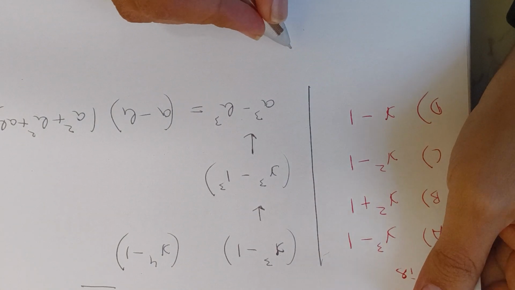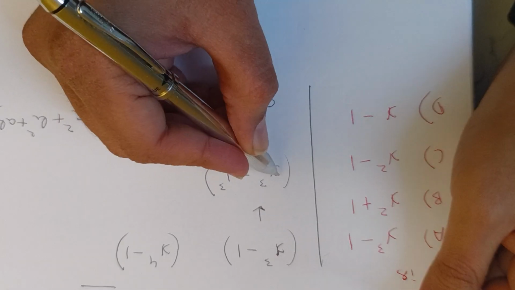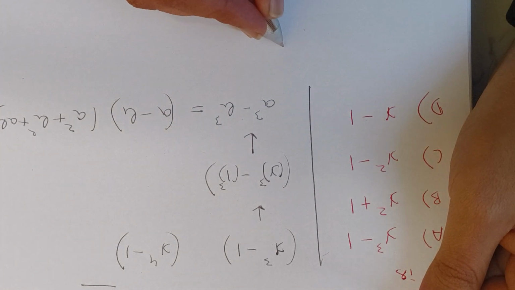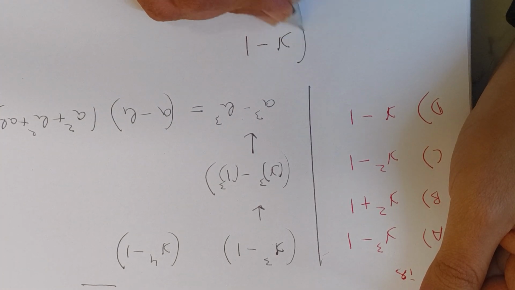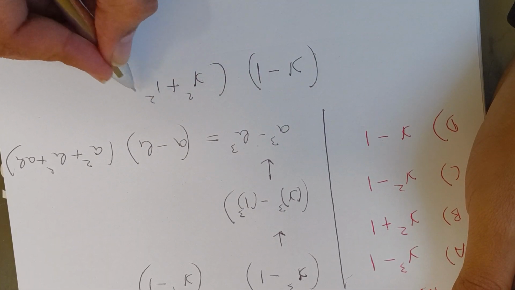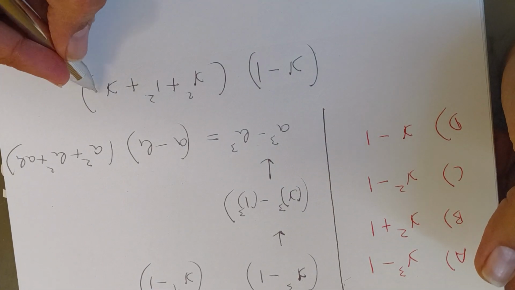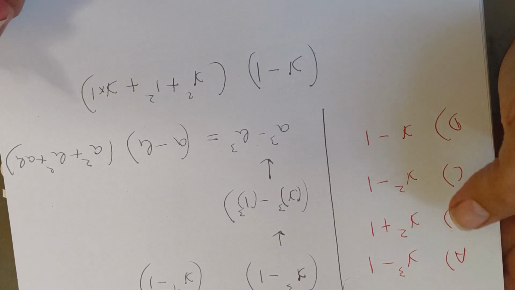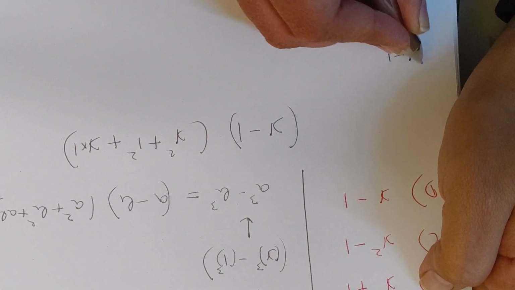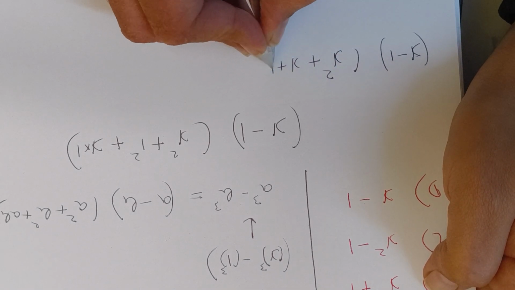So x cube minus 1 cube will be, this will be a and this will be b. So x minus 1 into x square plus 1 square plus x into 1. So we can just write it as x. So we have two factors here, x minus 1 and the other is x square plus x plus 1.